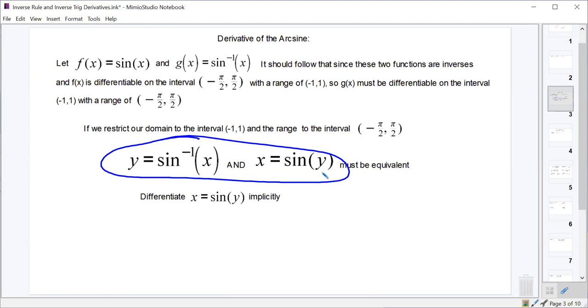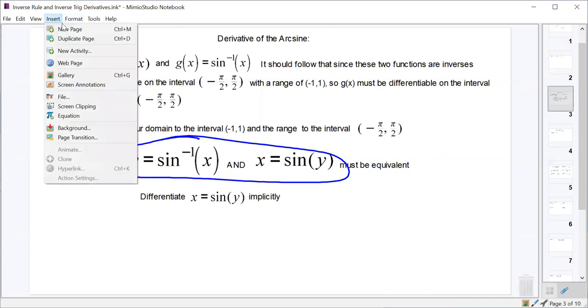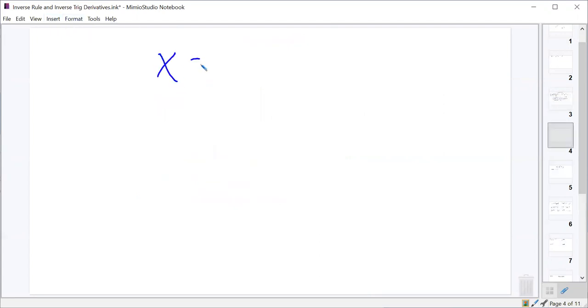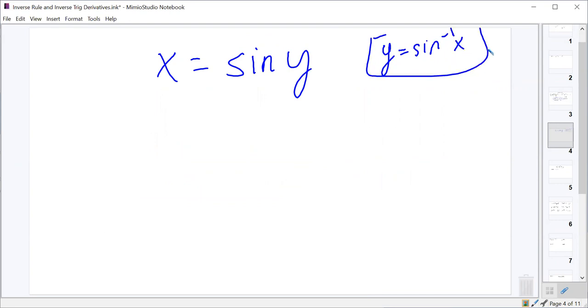Yeah. Okay. So on a new page here, we're going to differentiate x equals sine y implicitly. So here we have x equals sine y, remembering that this comes from y equals the inverse sine of x. So let's take the derivative of x equals sine y with respect to x on both sides.